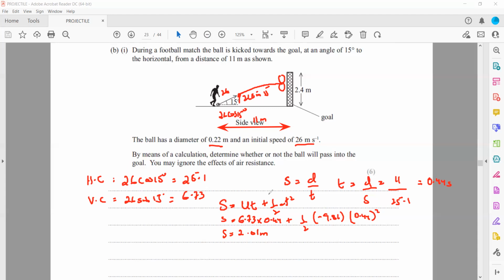So what will be the total vertical height? You can simply add the size of the ball, which is 0.22. So we have the vertical height plus the diameter of the ball, and the total maximum height for the ball can be 2.23 meters.